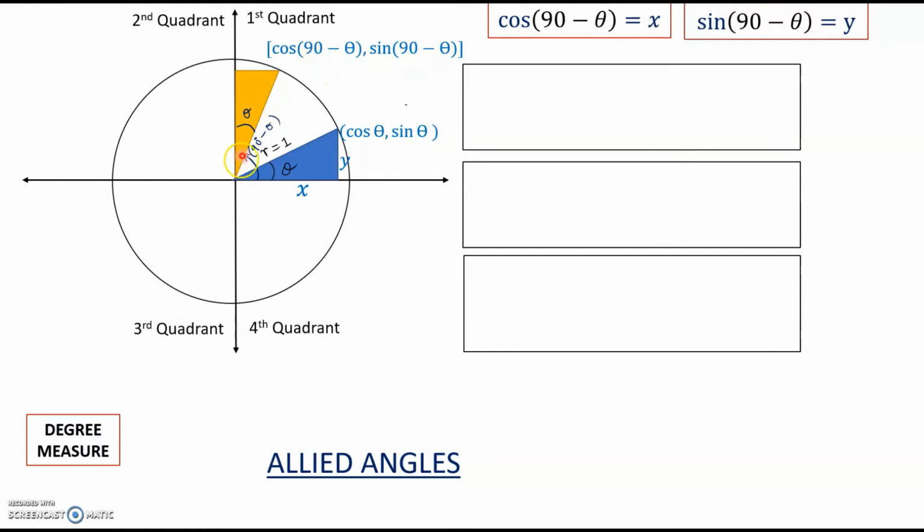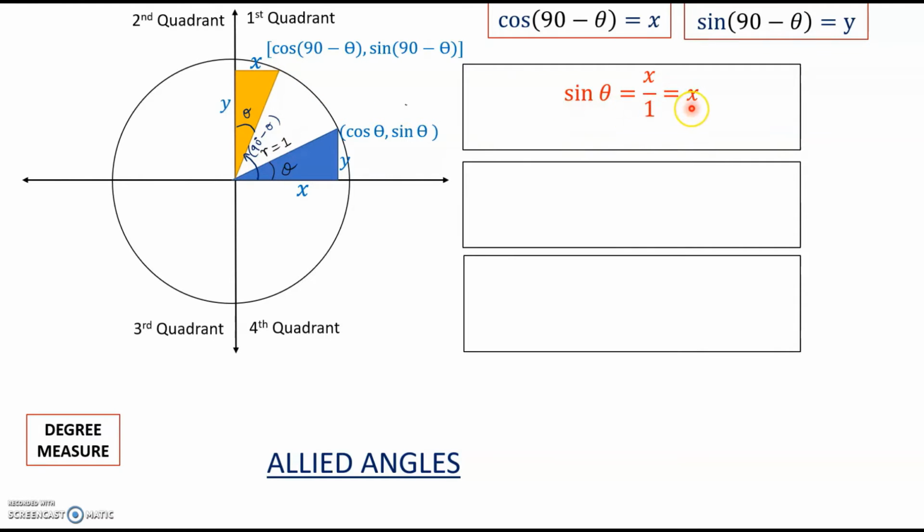So what we will do is, let us consider this right angle triangle here right now. And let's define what will be sin theta for this. So your sin theta here will be opposite side, which is x, divided by your hypotenuse, which is 1. So its answer is x.